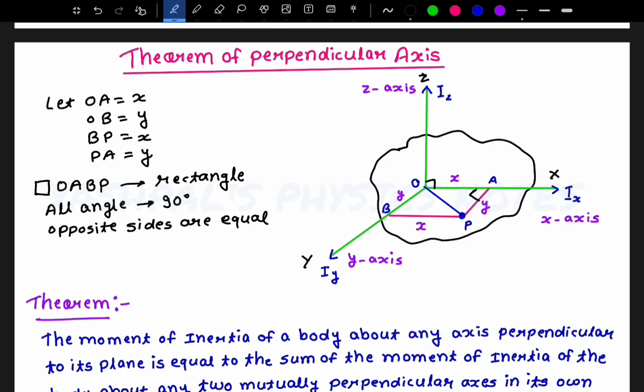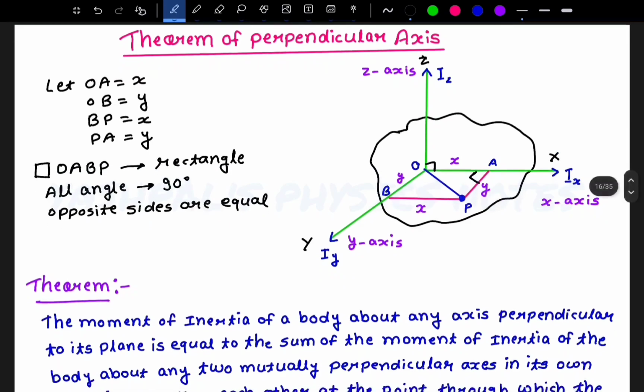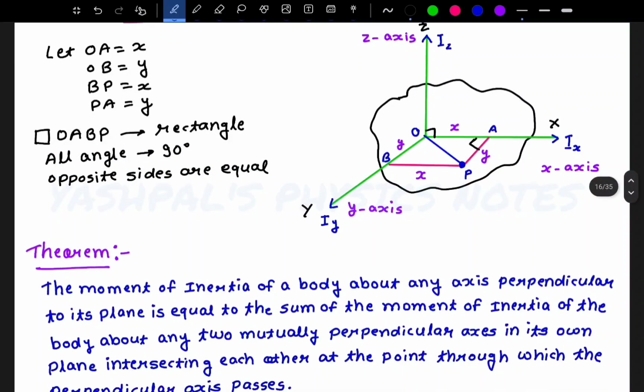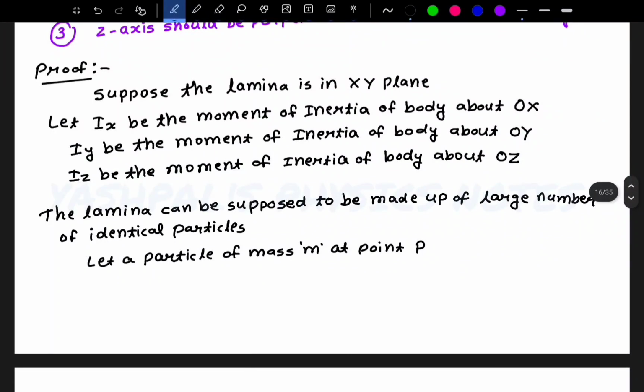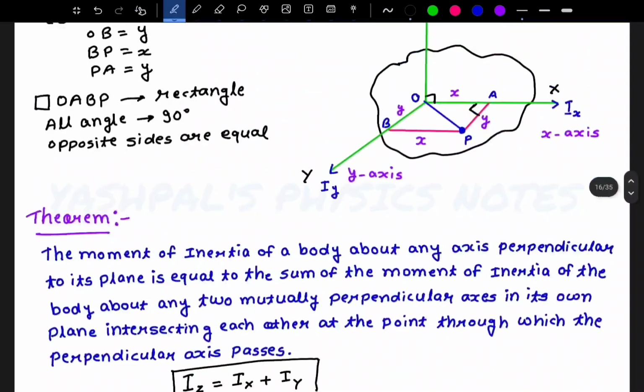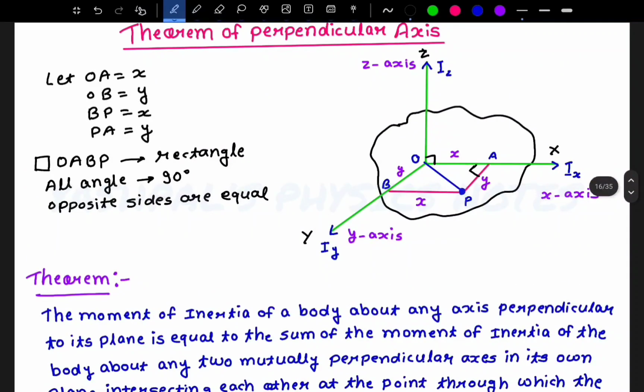Our quadrilateral OABP is a rectangle with opposite sides equal. Now a particle of mass m is present at point P. Here I am writing PA as y and PB as x. As I have told you, distance PA is y and PB is x, so the opposite sides have the same distance.